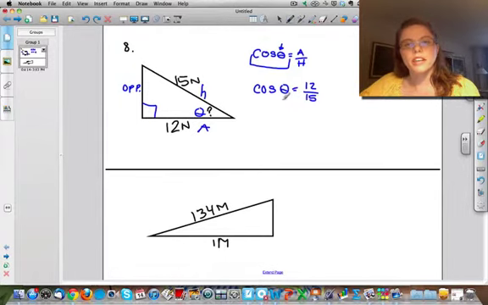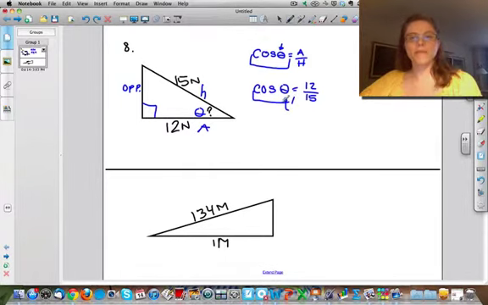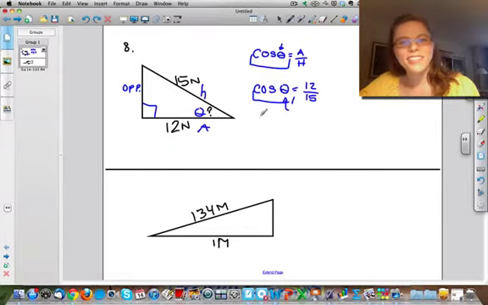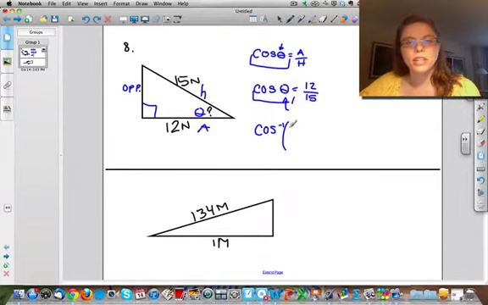Okay, now to get theta out by itself, because remember it's attached to this cosine, what must we do? That's right, take the inverse cosine. So it's cosine negative 1, and you take what's on the other side of the equal sign, bring it in, so 12 over 15, and this is going to be equal to theta.